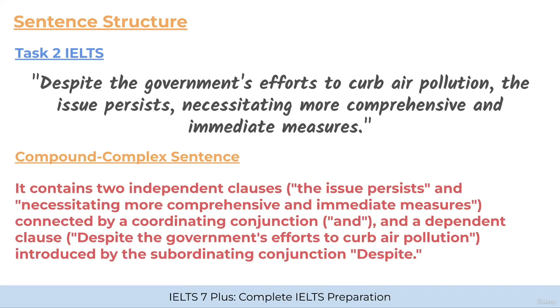Why? The issue persists is independent. It's one thought. Necessitating more comprehensive and immediate measures, also independent. We've got coordinating conjunction and a dependent clause. Despite the government's efforts to curb air pollution, introduced by this subordinating conjunction despite.